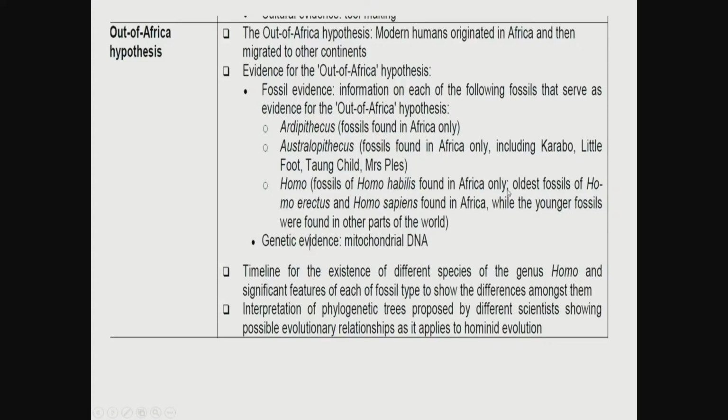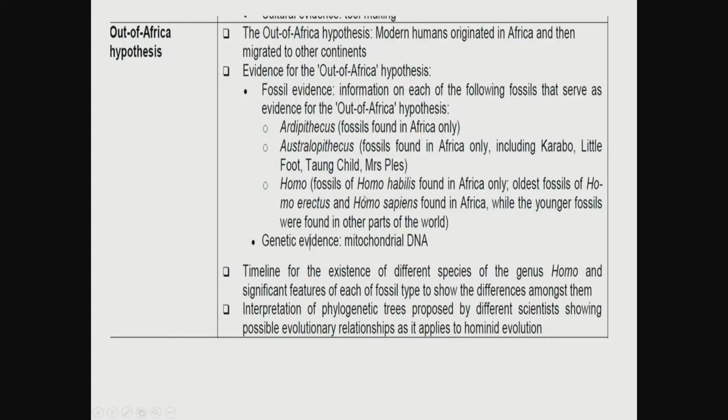Then also the oldest fossils of Homo erectus and Homo sapiens were found in Africa, which means that if they're the oldest, it was many years ago, million years ago, that they were found in Africa. And then they compare this: the oldest one was found in Africa, and younger fossils were found in other parts of the world.